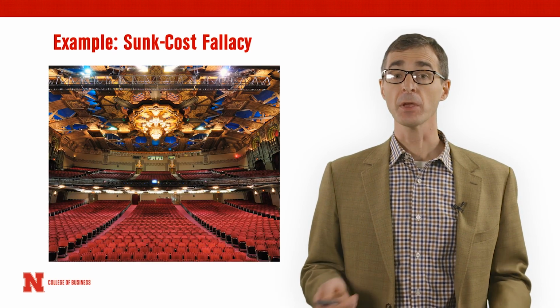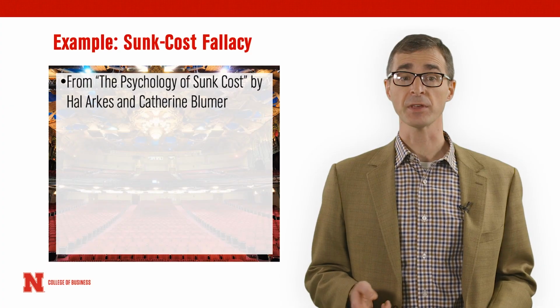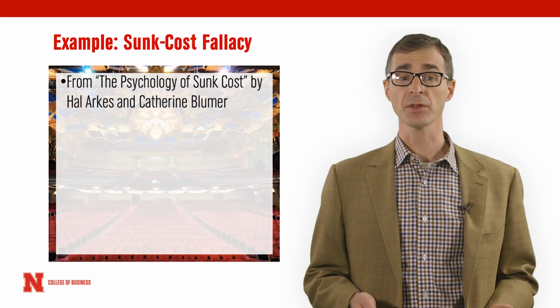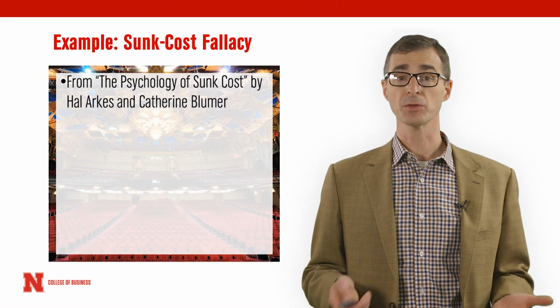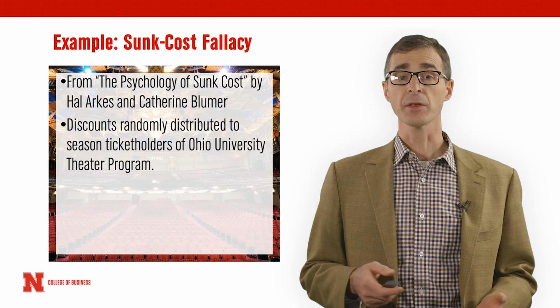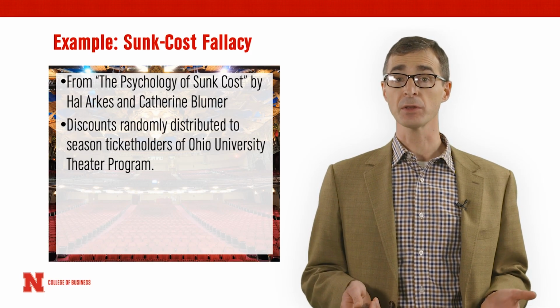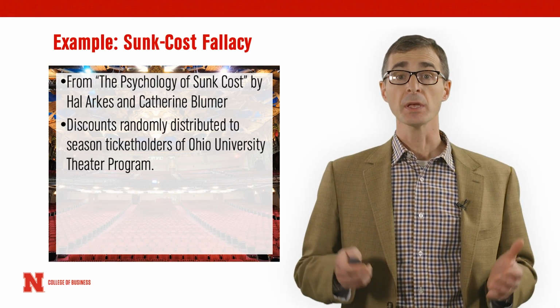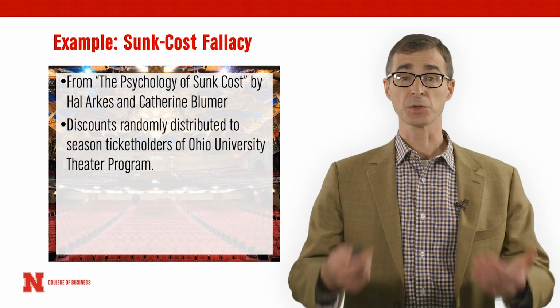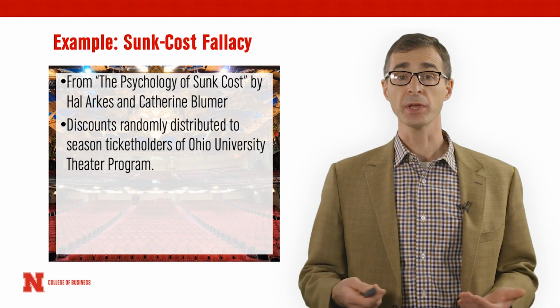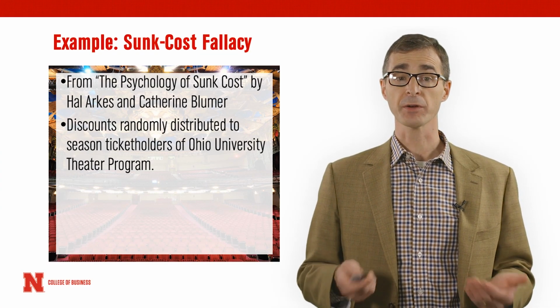Here's an example of the sunk cost fallacy from The Psychology of Sunk Cost by Hal Arkes and Catherine Blumer, two well-known psychologists. An experiment was run at the Ohio State University theater program. Season ticket holders subscribed at the beginning of the year, agreeing to pay a certain price for their season tickets.